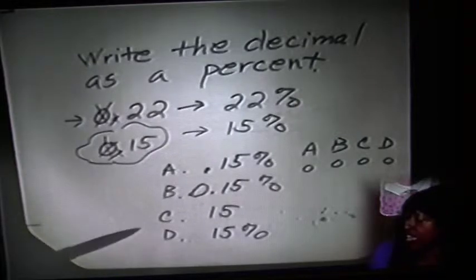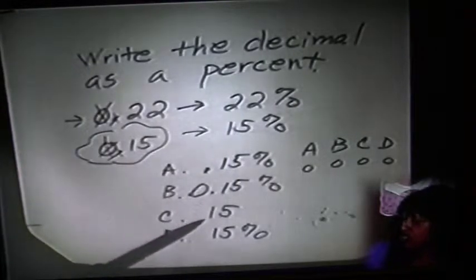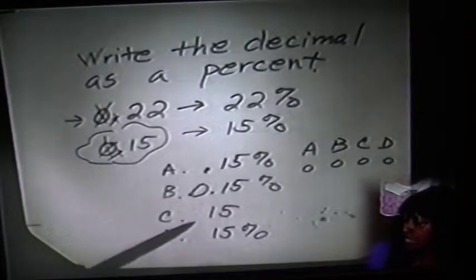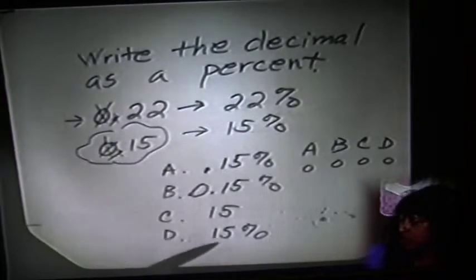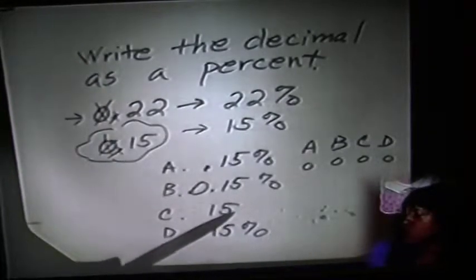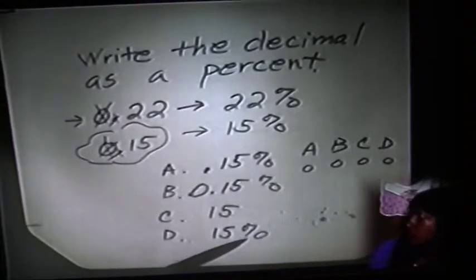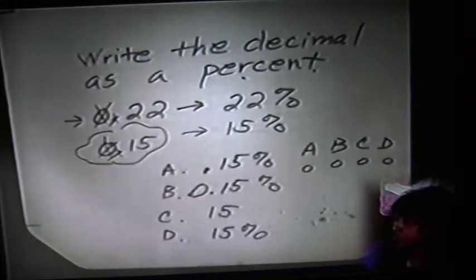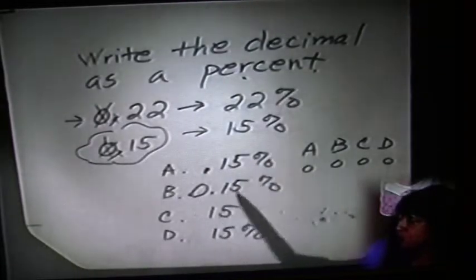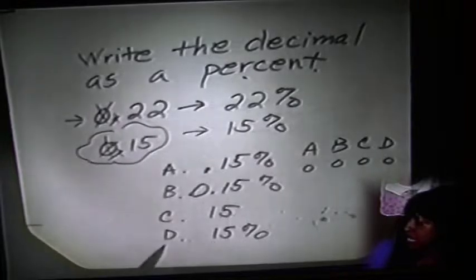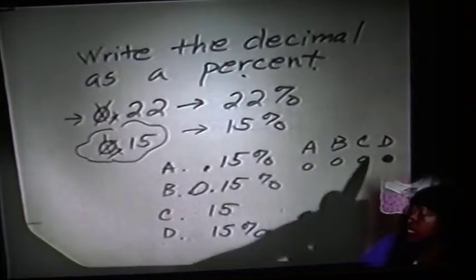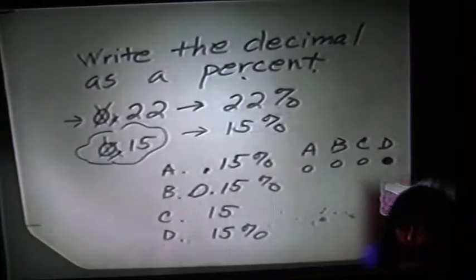So if we're looking at our choices of answers, this could be a trick question if you forget the percent sign, because it doesn't have the decimal, nor does it have the 0. So this right here, C, could be a trick question for you. You must remember the percent sign. Why? Because it asked that in the question. So our answer, writing this or find the correct decimal written as a percent, would be D. You would go over to your Scantron, darken in the letter D for 15%.